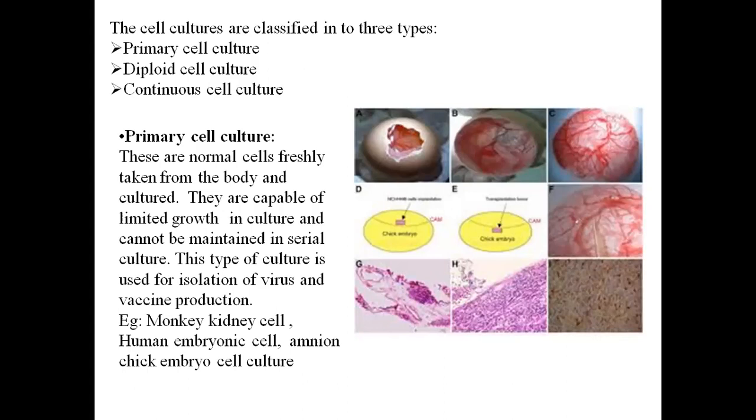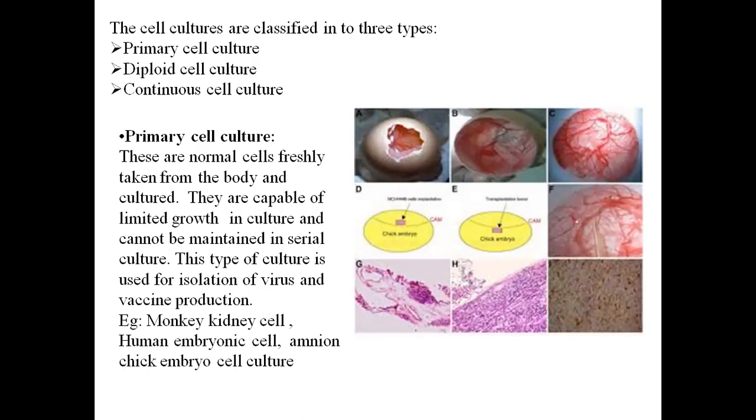First one is the primary cell culture. These are normal cells, freshly taken from the body and cultured. They are capable of limited growth in culture and cannot be maintained as a serial culture. So this type of culture is used to isolate viruses and also useful in vaccine production.